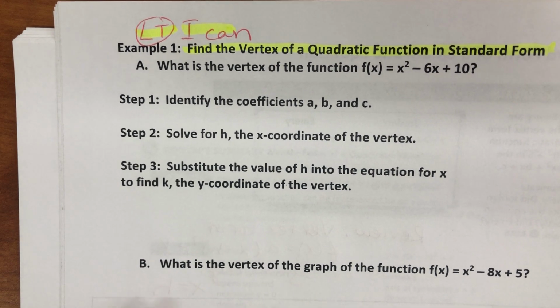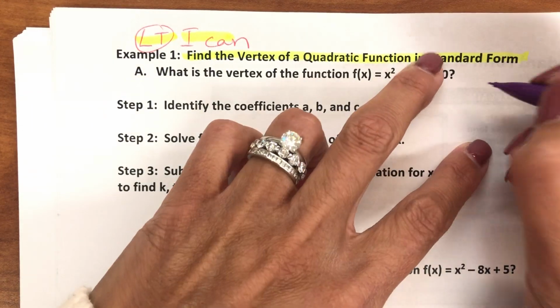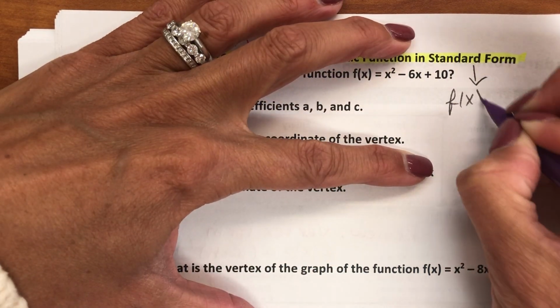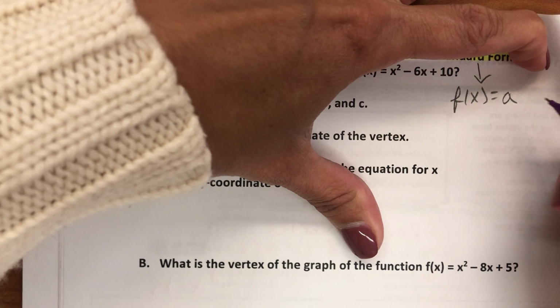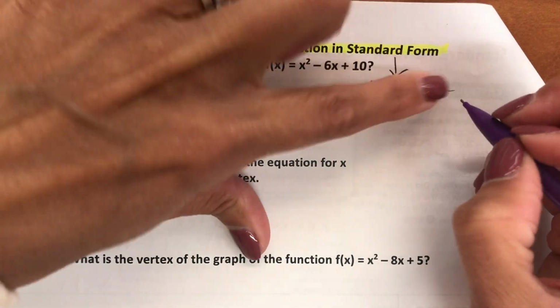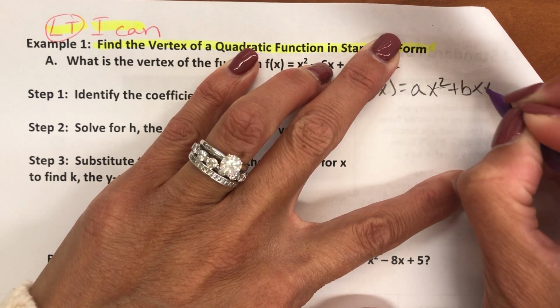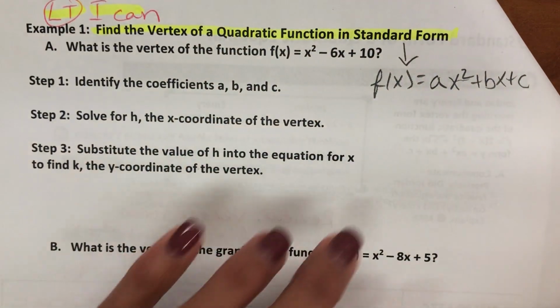So remember, standard form here is f of x equals ax squared plus bx plus c, okay?